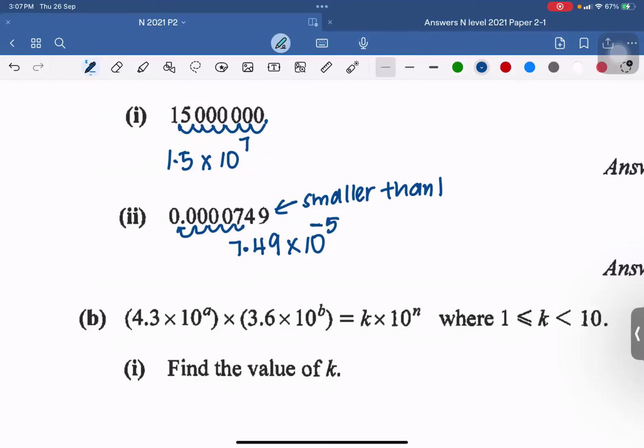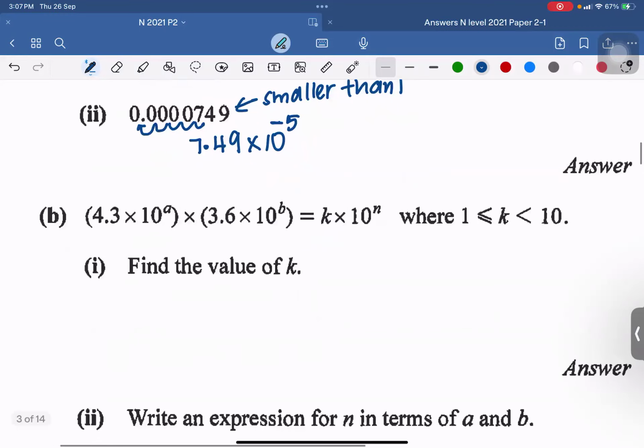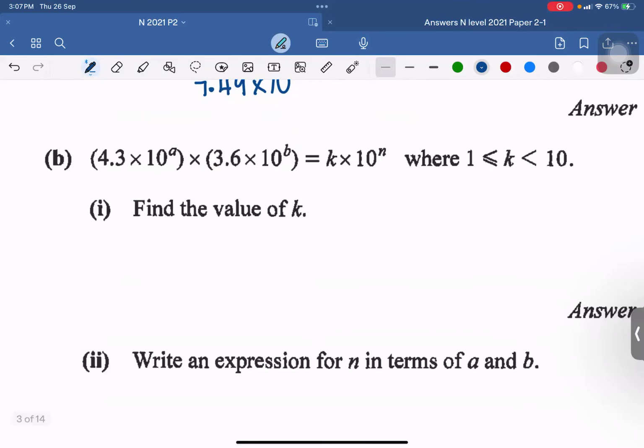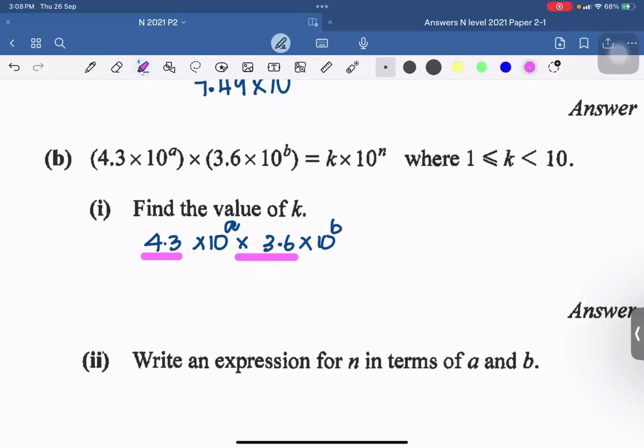Okay, now I need your response to help me do part B. First things first, let's work out part B together. Part B says 4.3 times 10 to the power A, multiplied with, this one is A, it looks a little bit like 9, A times 3.6 times 10 to the power of B. First things first, what are the numbers that we can multiply together? 4.3 times 3.6.